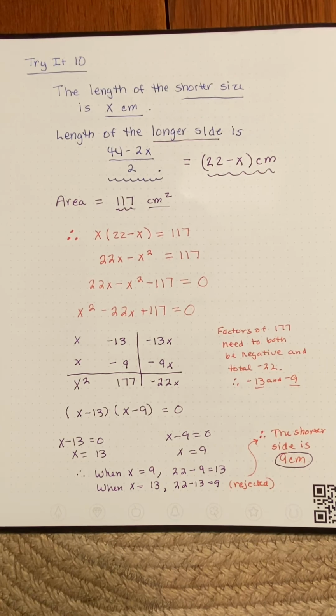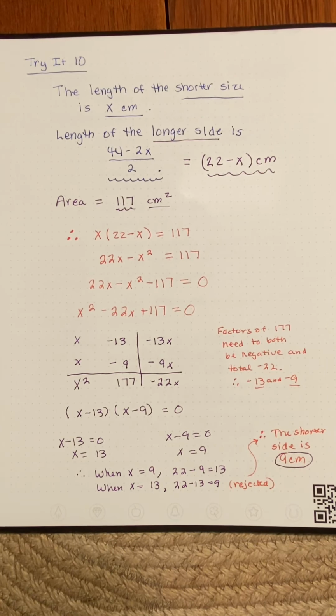So negative times a negative is the positive. To get a negative sum, I need both to be negative in this case. So working it out, I end up with negative 13 and negative 9.